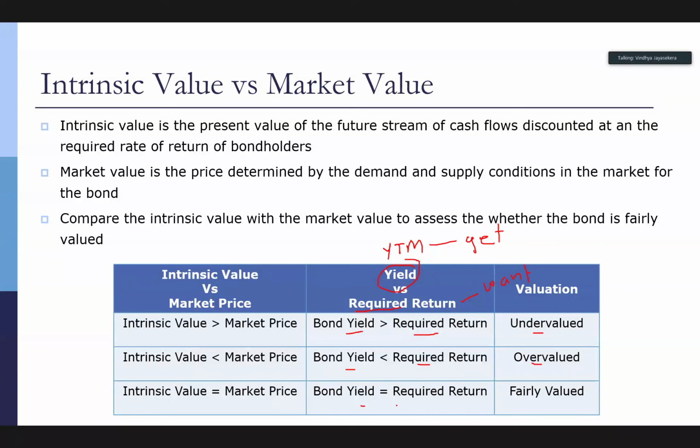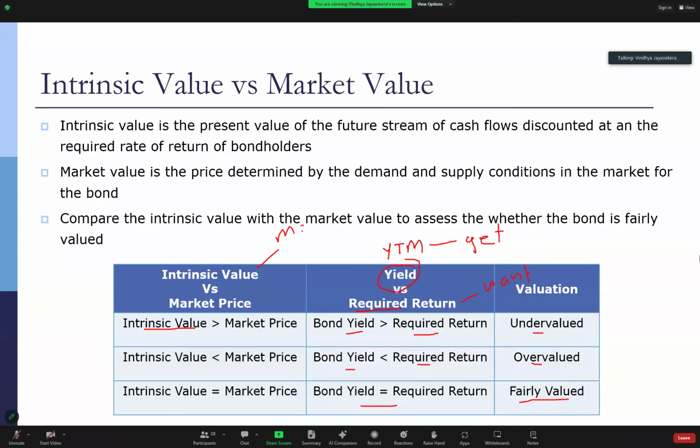And if it is equal, the bond is fairly valued. It is the same principle as the fundamental value, the maximum price you're willing to pay, versus the market price, which is based on demand and supply. If the maximum price you're willing to pay is greater than the market price, it's undervalued. If it's less than the market price, it's overvalued, right?